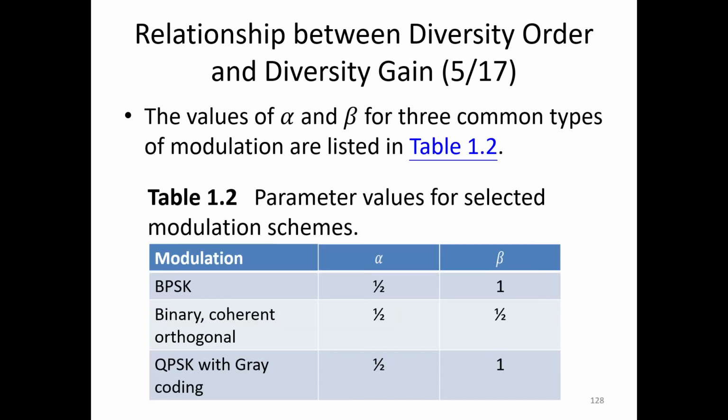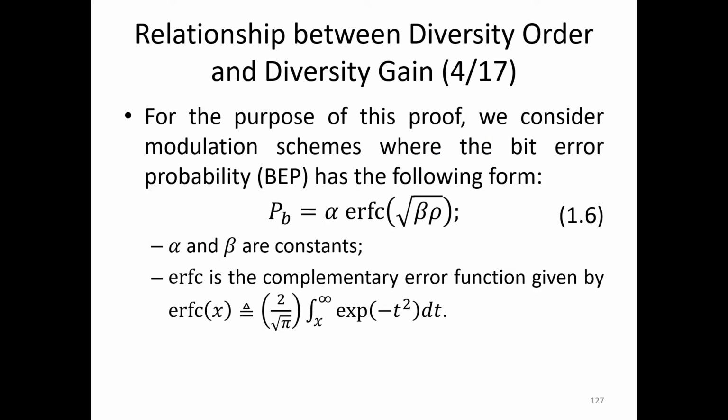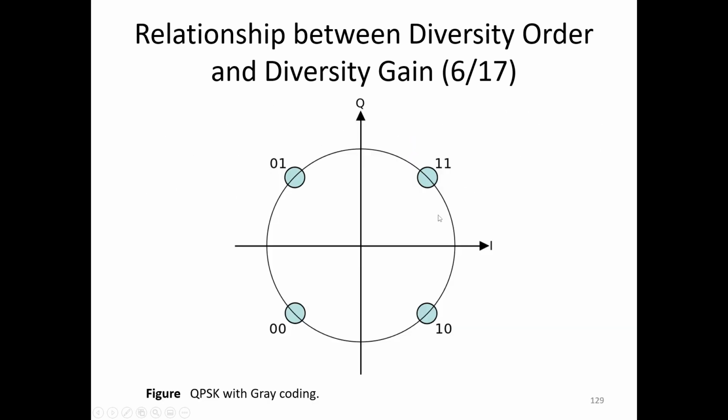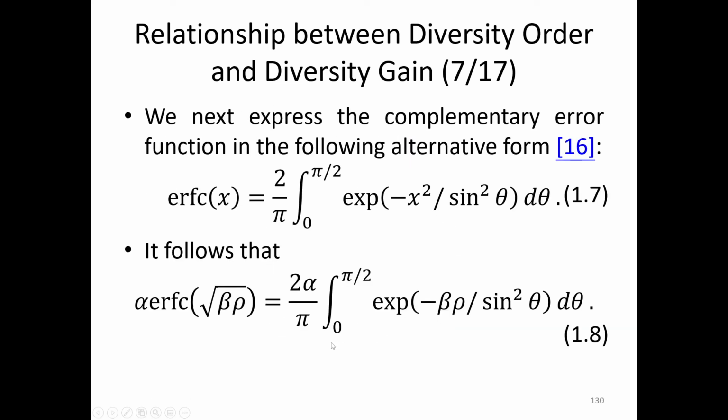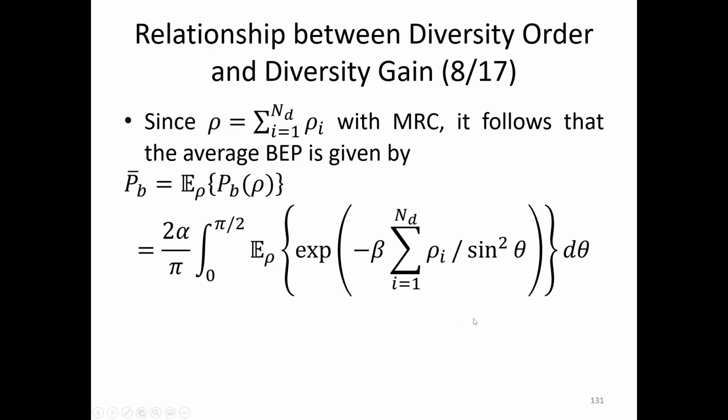PB is equal to alpha times erfc of the square root of beta rho. And we use equation 1.8.